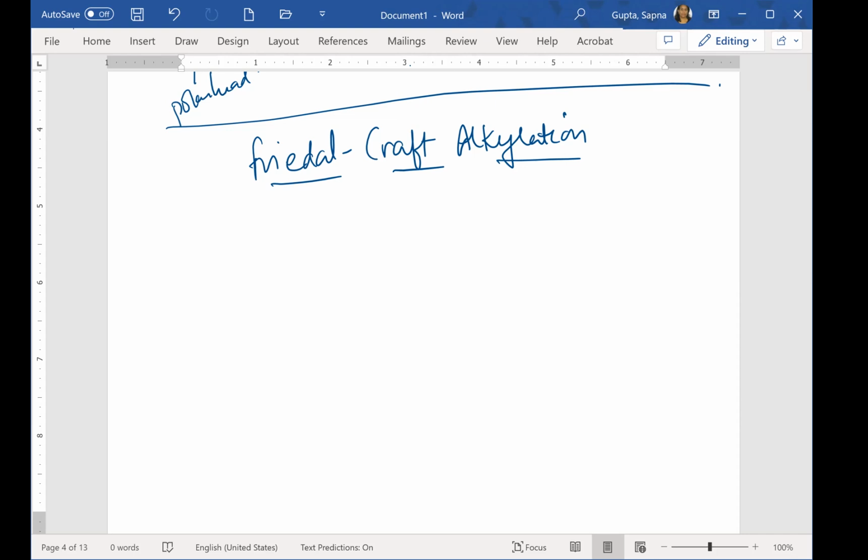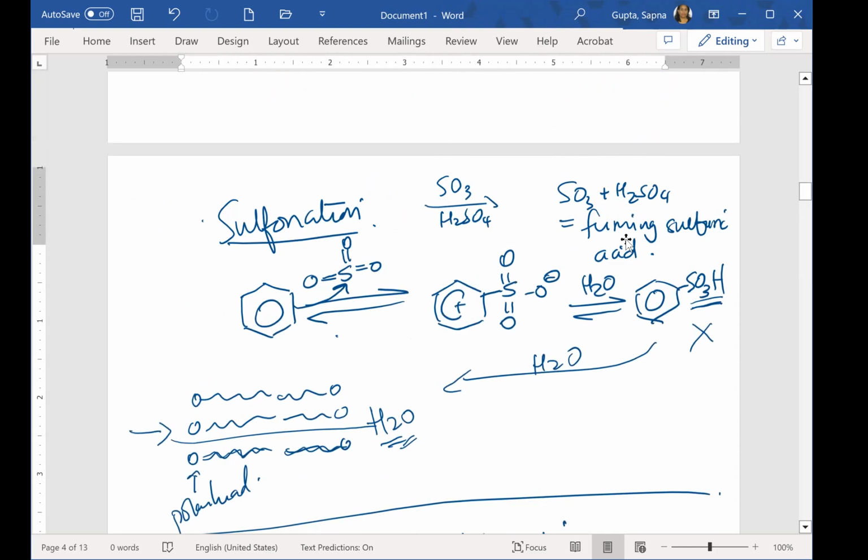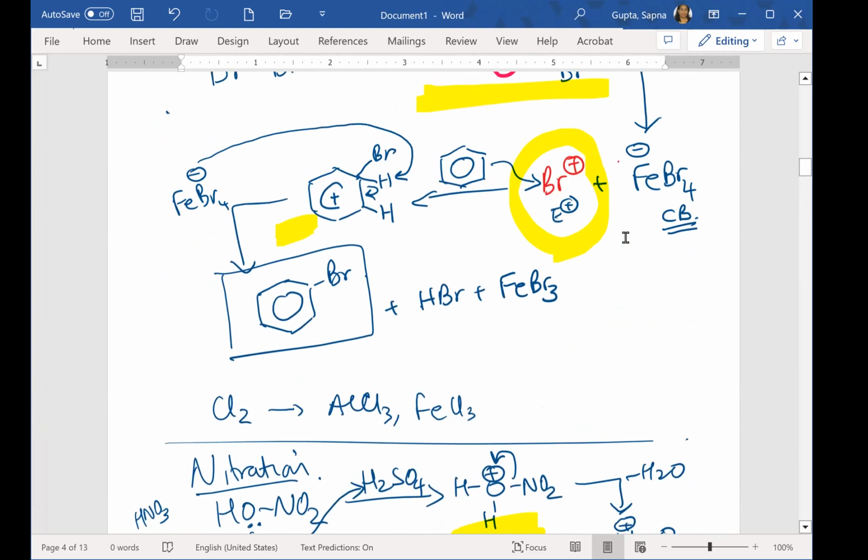So the nucleophile here is obviously the benzene ring. So let's see how to do this one. So we'll take ethyl chloride, treat that with aluminum chloride, which is our catalyst. The reaction starts the same way as it did for chlorination. Let me just take you up there for a second.